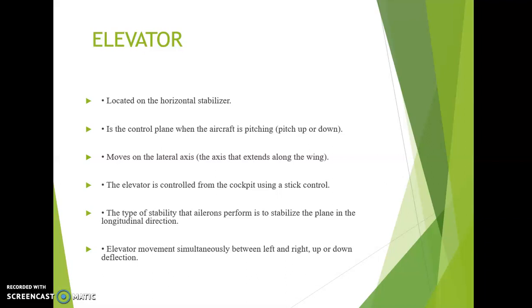The elevator is controlled from the cockpit using the stick control. The type of stability that the elevator performs is to stabilize the plane in the longitudinal direction. Elevator movement is simultaneous between left and right, up or down deflection.